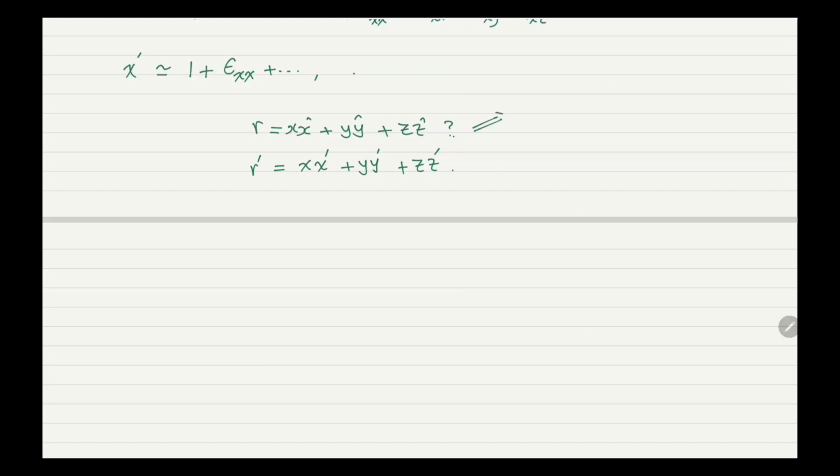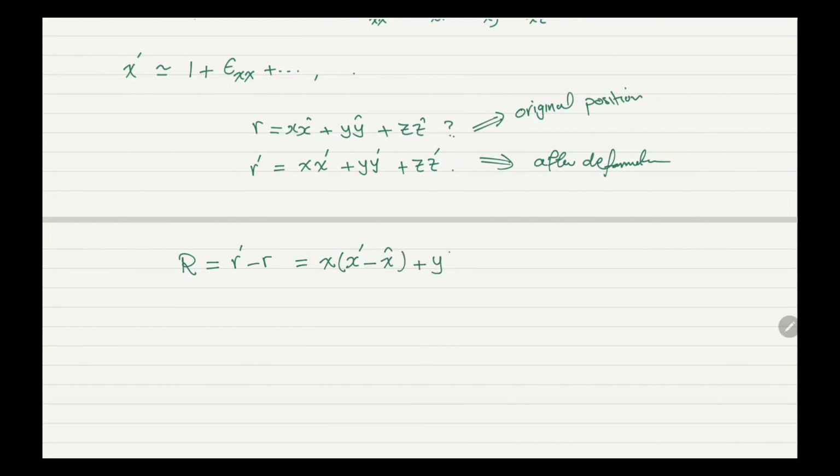This one here is the original position, and this one here is after deformation. Now the displacement equals r prime minus r, or equal to x prime minus x hat plus y prime minus y hat plus z prime minus z hat, and this is the displacement.